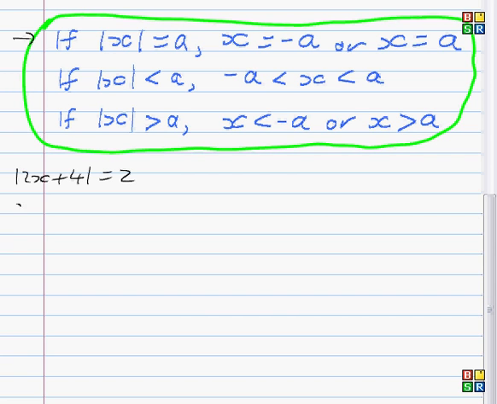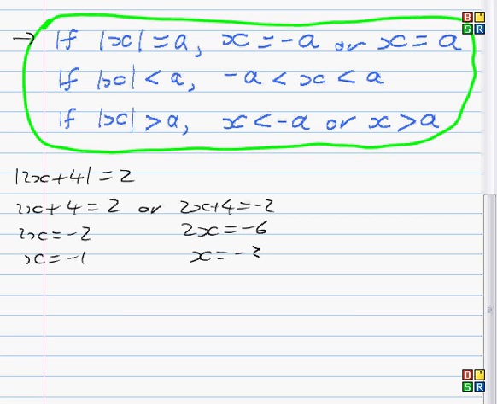You say that 2x plus 4 is equal to plus 2, or 2x plus 4 is equal to minus 2. So therefore 2x is equal to minus 2, x is equal to minus 1. Or 2x equals minus 6, x equals minus 3. So that's how you do that question.